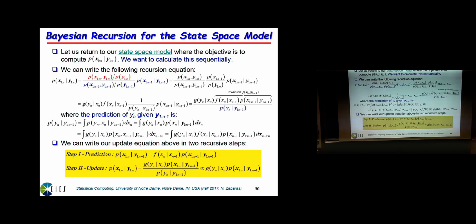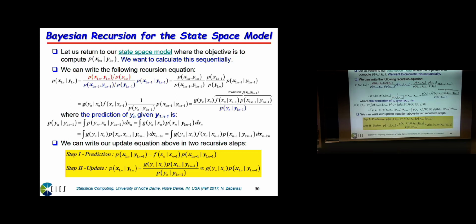What is that? The denominator is this nice product of the likelihood, this transition probability, and this term which, since we're going to do things incrementally, we know from time n minus 1. So just look again at the bottom two equations, prediction and update, and convince yourself that if you start from time n, this will work if it is correct.